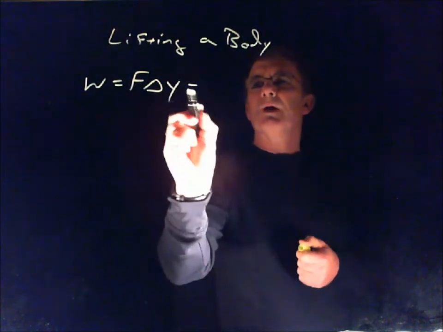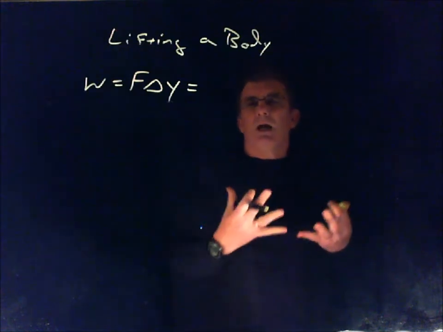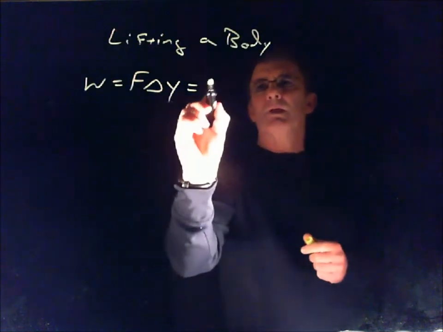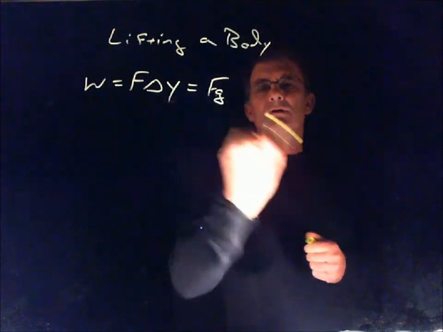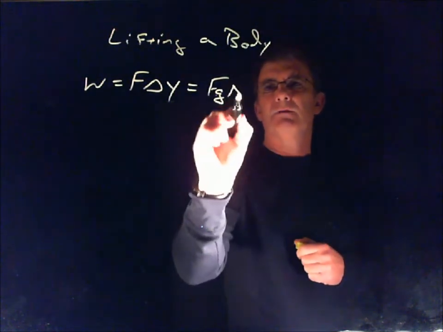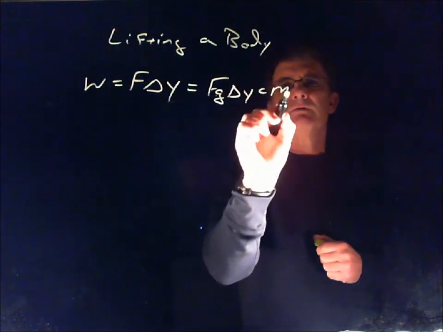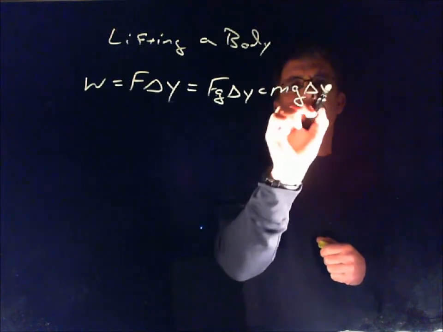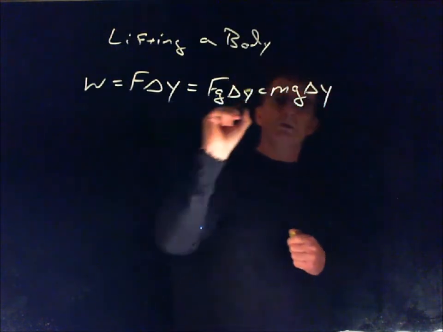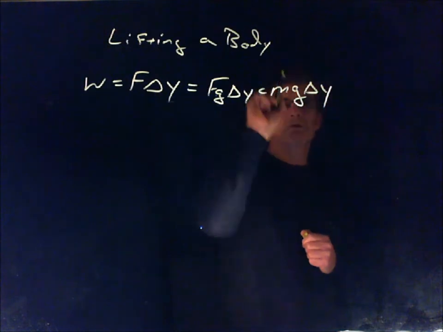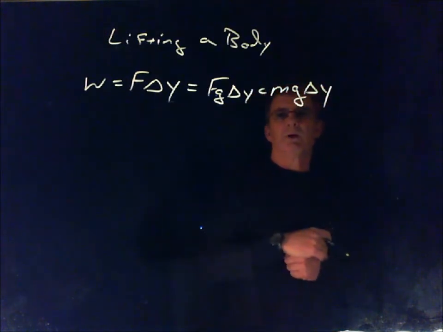When we lift an object, the force that we are applying is basically just enough to offset the force of gravity. And the force of gravity is mg. So the work that we're doing is equal to the mass times the acceleration due to gravity times delta y.